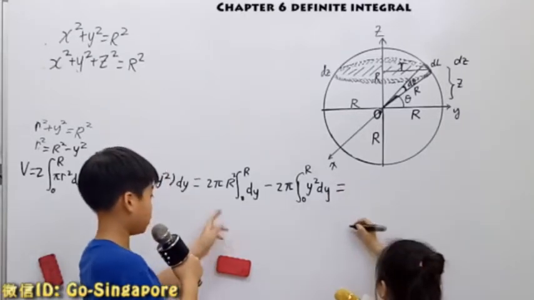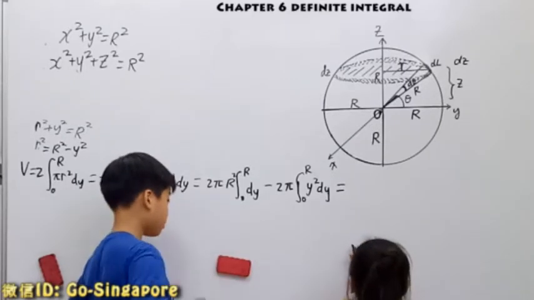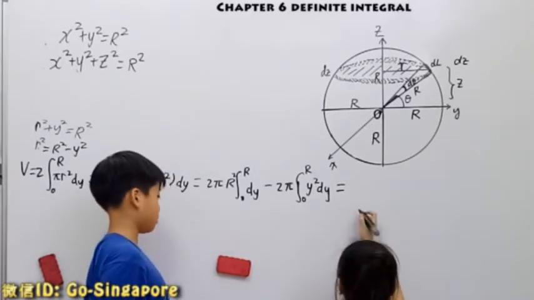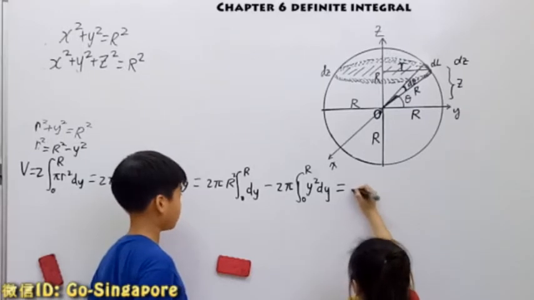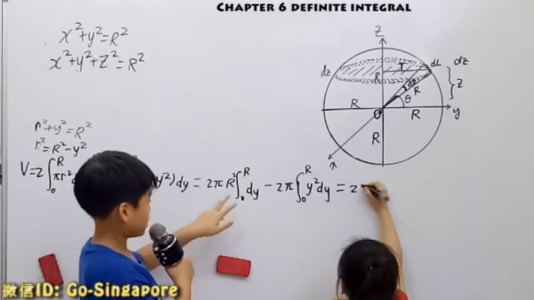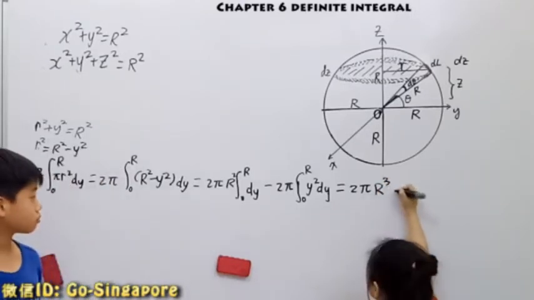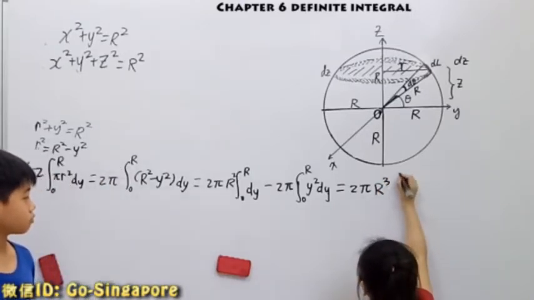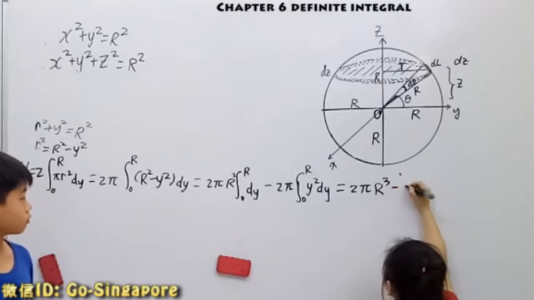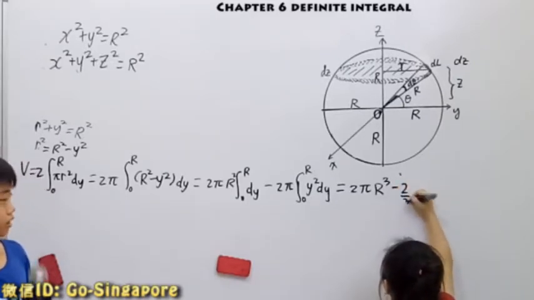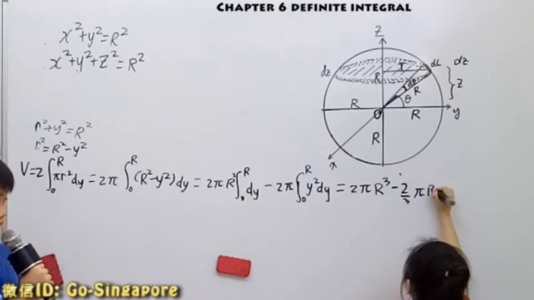So for this part, you have both two y's, right? So next for this, you can just integrate. Okay, so you straight away put that boundary in.